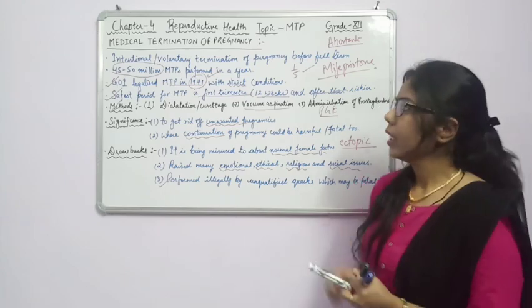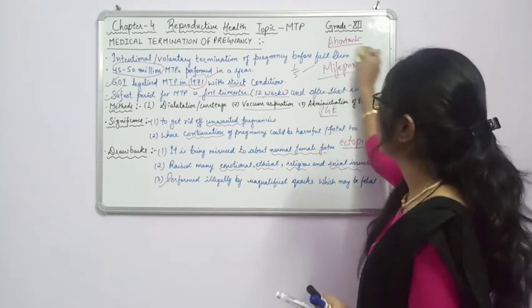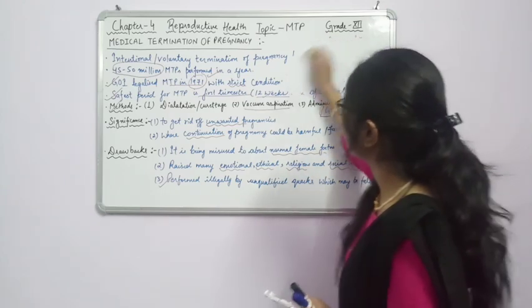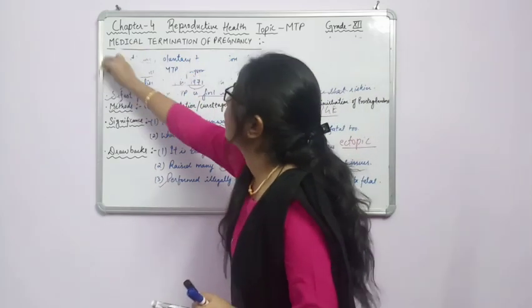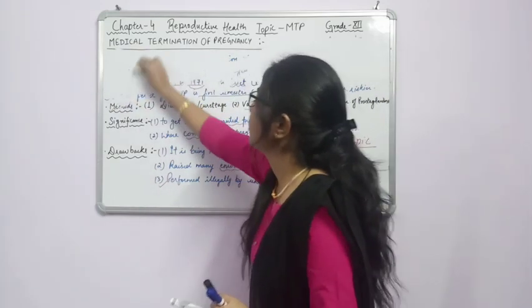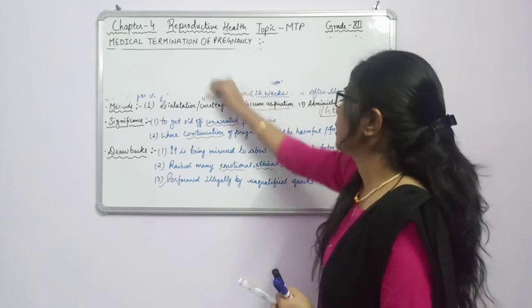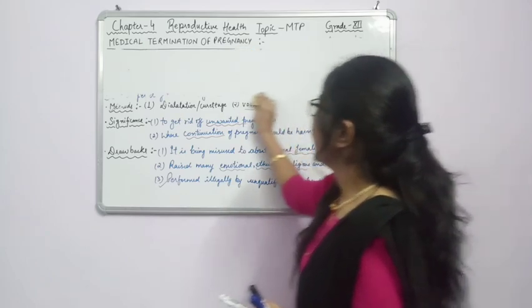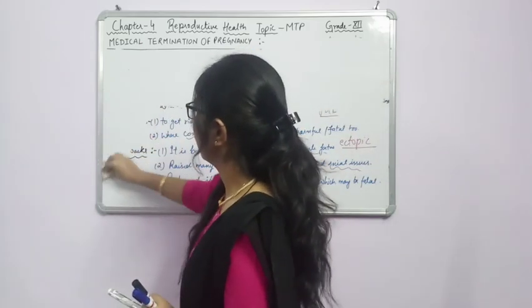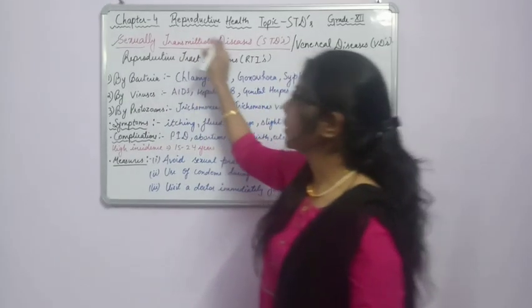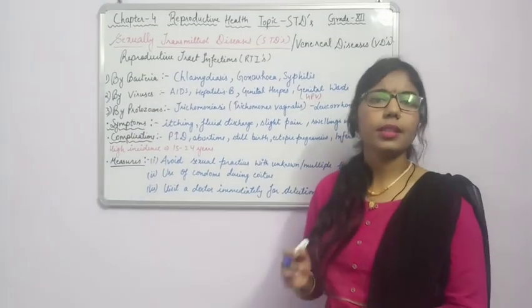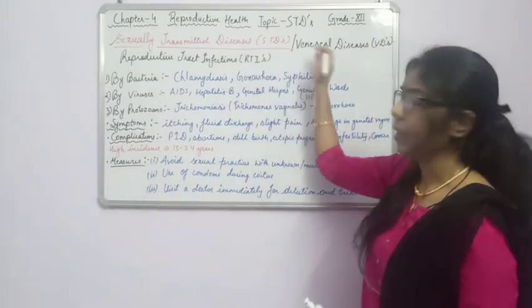Fine. So the next topic which we are going to start is sexually transmitted diseases, STDs, or sexually transmitted infections. Topic, sexually transmitted diseases. These diseases can be called by other names also.